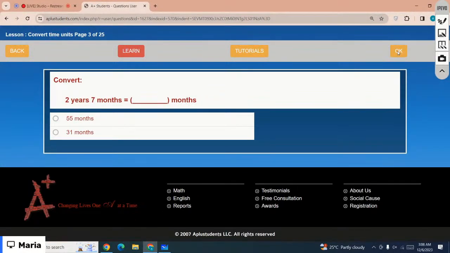Okay, you have to convert 2 years and 7 months to months. So how many months do we have in 2 years and 7 months? Which is the correct option?